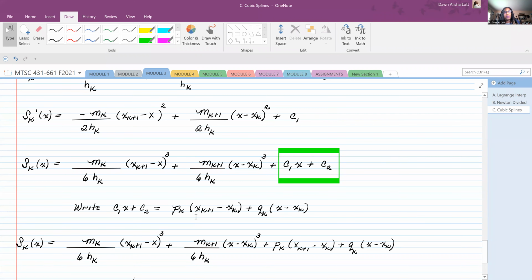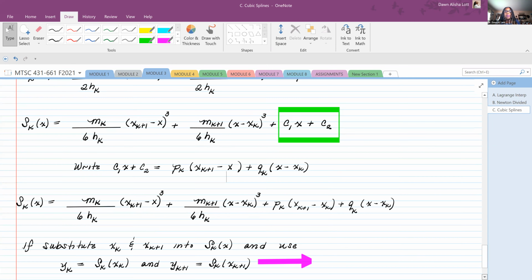This should be p of xk minus x. Okay, I knew something looked funny. p of xk minus x, and then qk times x minus xk. That way, it works out very nicely that if x is xk plus 1, you get qk, and if x is xk, you get pk.